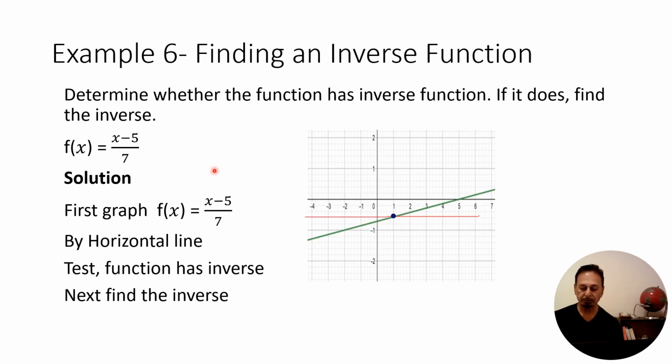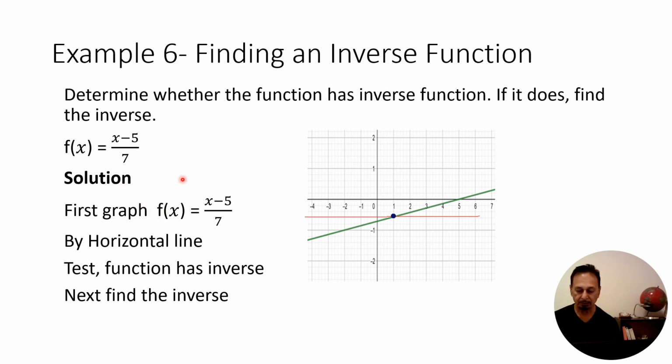So here is example 6. Now the function is f of x equal to x minus 5 over 7. So first I need to find out if it has an inverse. So I will sketch this one. I just choose 2 points.